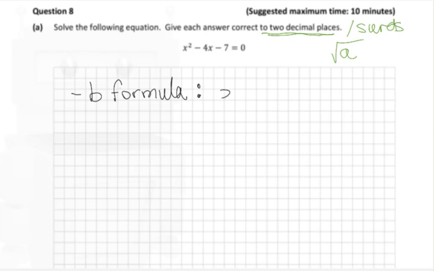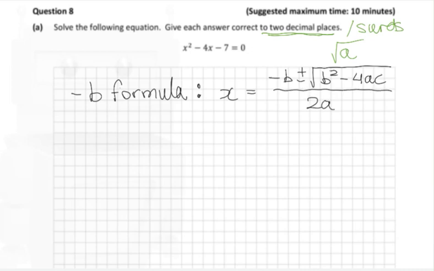So let's write out the formula. x is equal to -b plus or minus the square root of b squared minus 4ac over 2a. This is all you need.